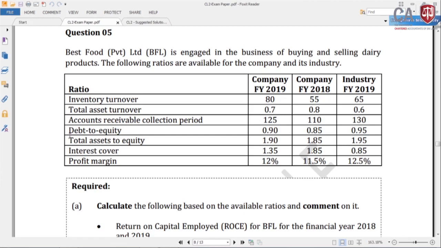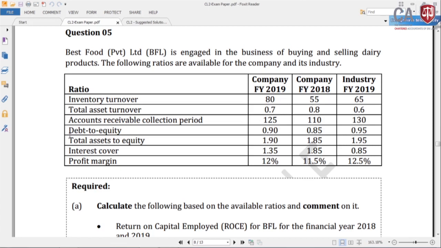The higher the gearing position is, the bigger the interest component, and then the coverage ratios will come down. That is what has happened. Total assets to equity has slightly increased from 1.85 to 1.9. So, despite that fact, by and large, the overall gearing position of the company is increasing.